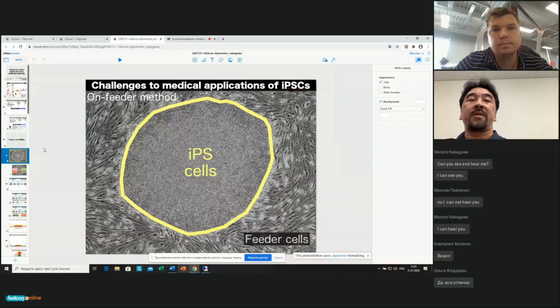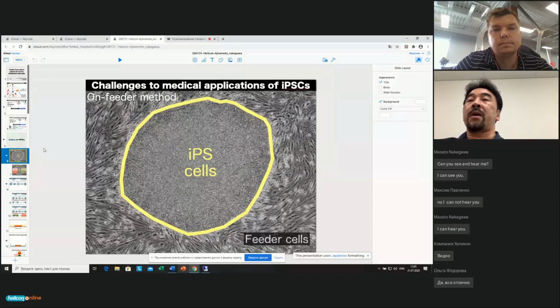There are thousands to tens of thousands of iPS cells in this colony. You will find that there are other cells around the iPS cell colony, fibroblast-like cells. These cells are feeder cells. Feeder cells support the growth of iPS cells.